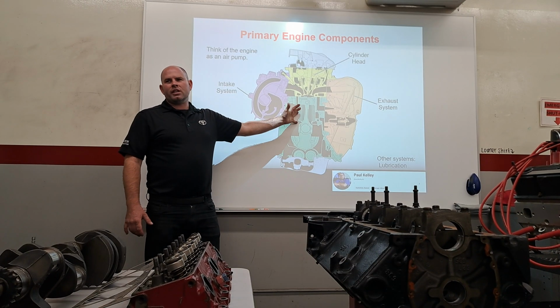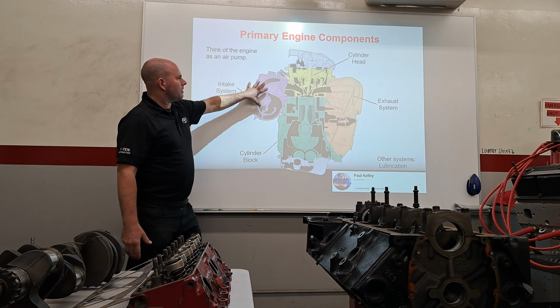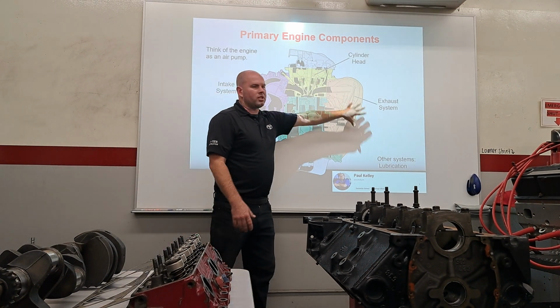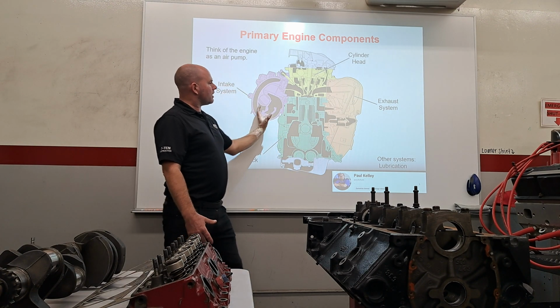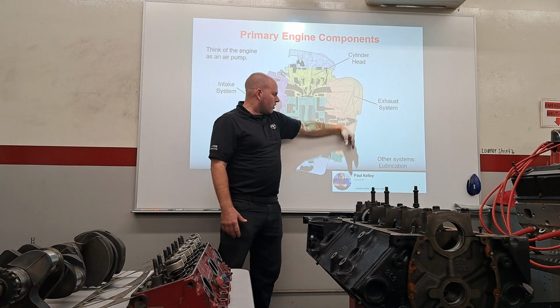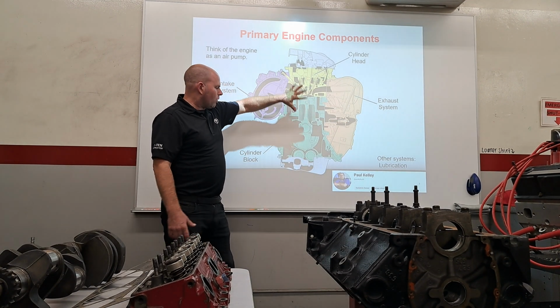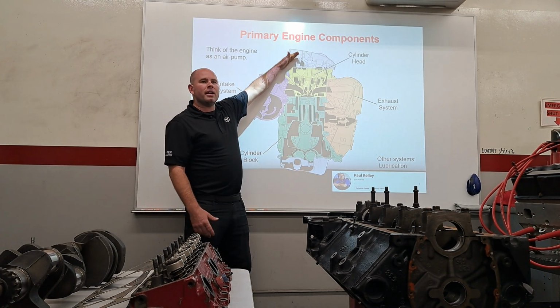All right, so overview of the engine. As you can see in the picture, we've got the intake, the head, the exhaust, and I do them in that order because the air comes in the intake, gets pulled into the head, and then leaves the head and goes out the exhaust. Then of course we've got what we'll call the block, or sometimes we'll call this the top end.